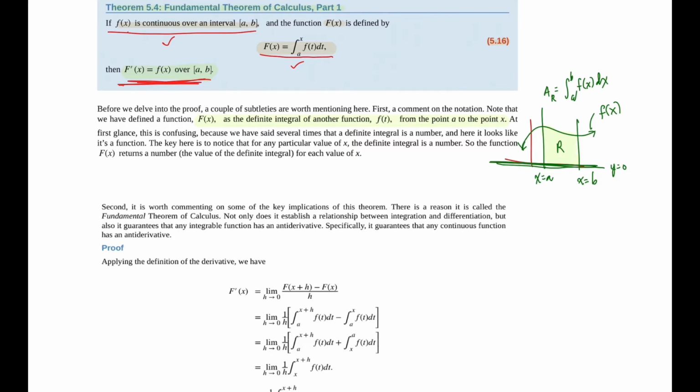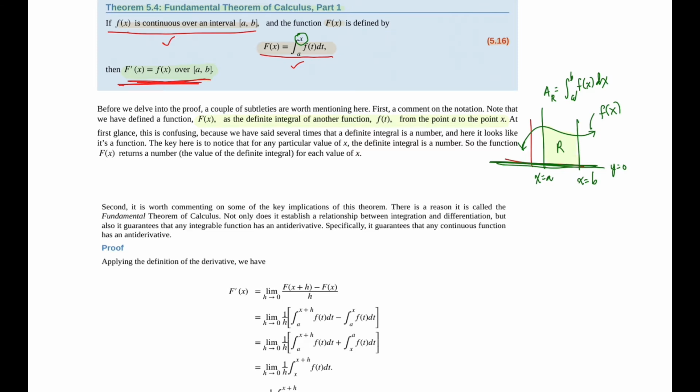That's why the definite integral has to be positive. And here it looks like it's a function, because one of the bounds is a variable x.